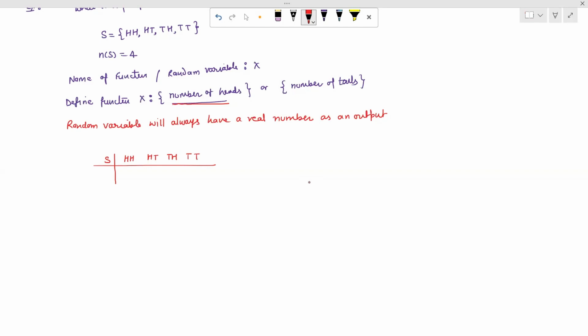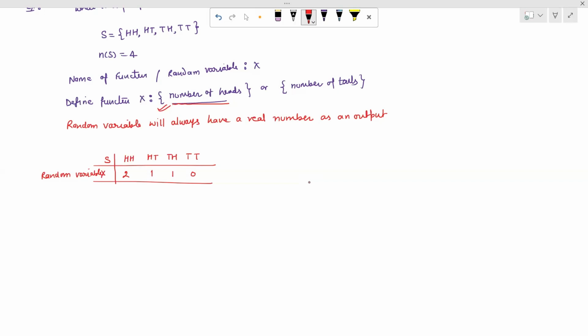Now, on the basis of these four elements, we write down the random variable, on the basis of occurrence of heads. So here we have two heads, here we have one head, here we have one head, and here zero heads. That means both are tail.